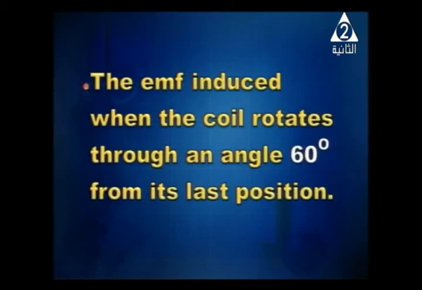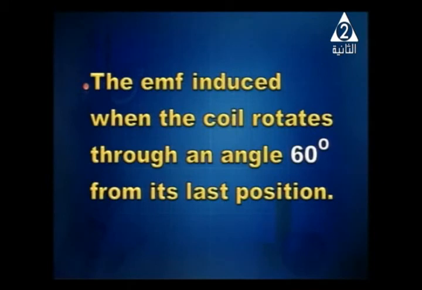Another item of the problem, calculate the EMF induced when the coil rotates through an angle 60 from its last position. So the coil rotates an angle 60 from the horizontal position.